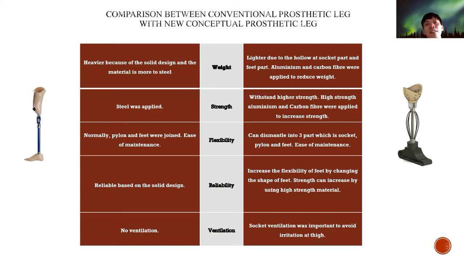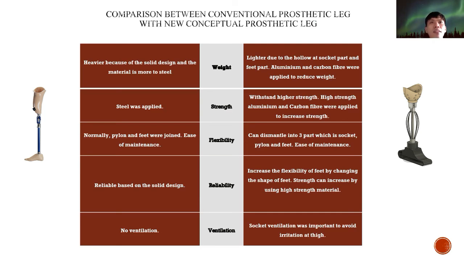But for my improved product, I increase the flexibility of the foot by changing its shape. The strength can increase by using high strength material, where for the foot of this product I use carbon fiber, and I create a hollow that really helps with shock absorption as well.